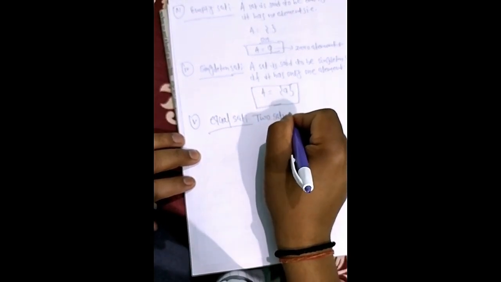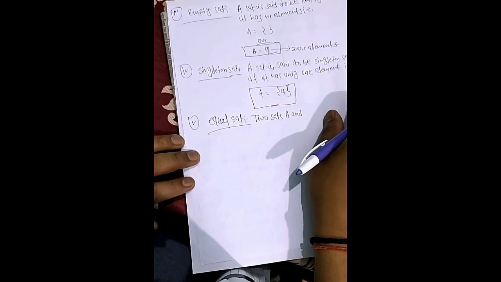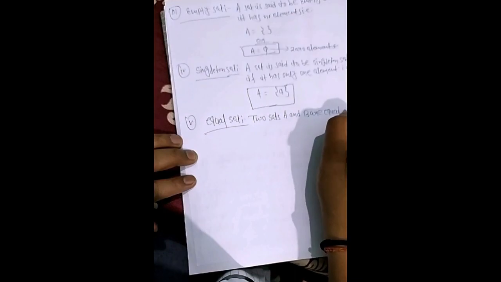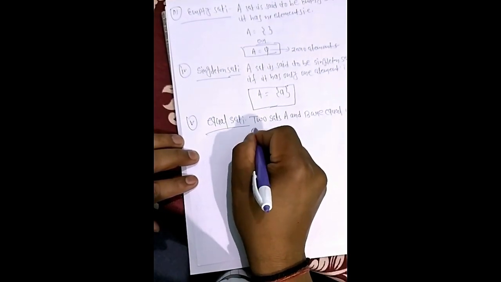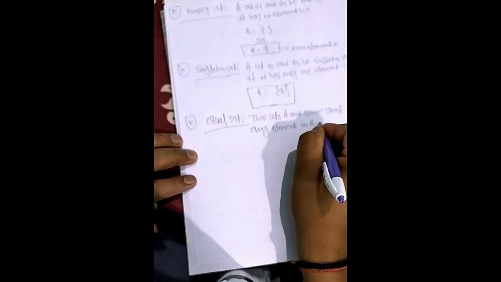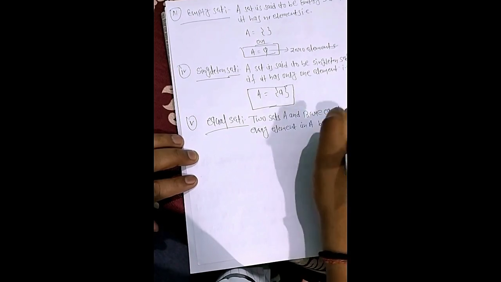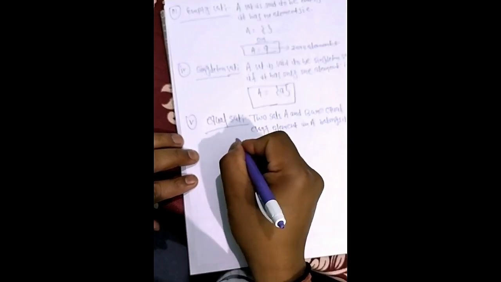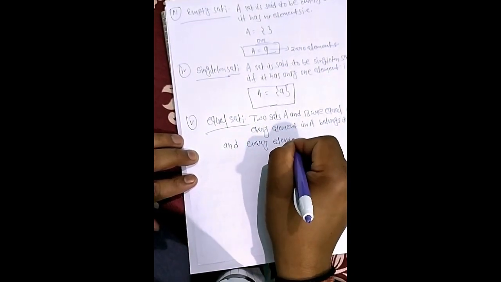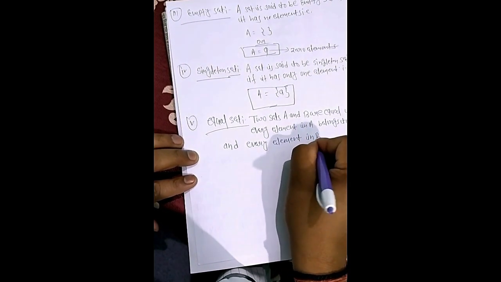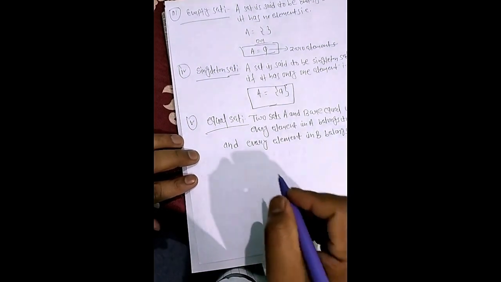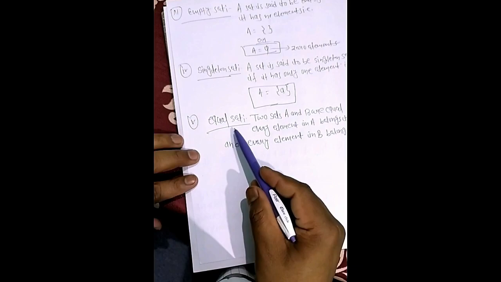Two sets A and B are equal if and only if every element in A belongs to B and every element in B belongs to A. Clear, students?